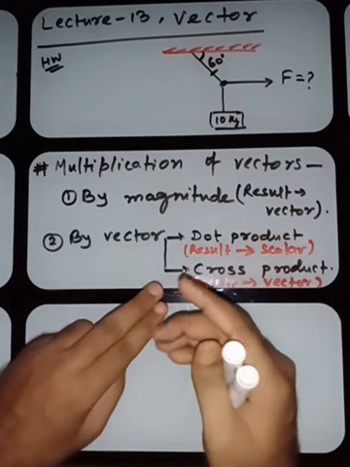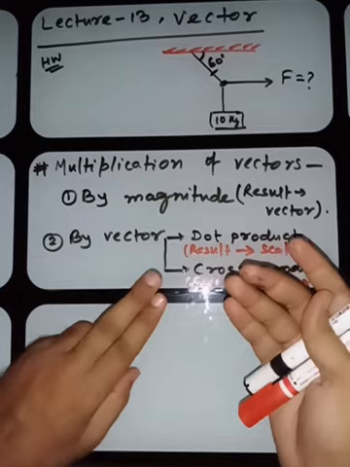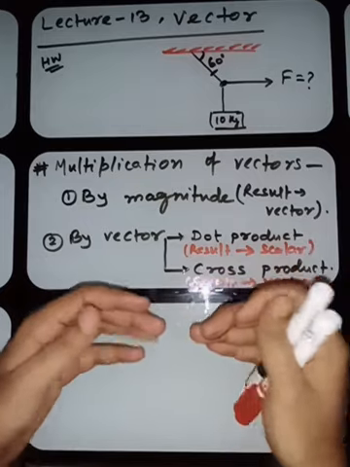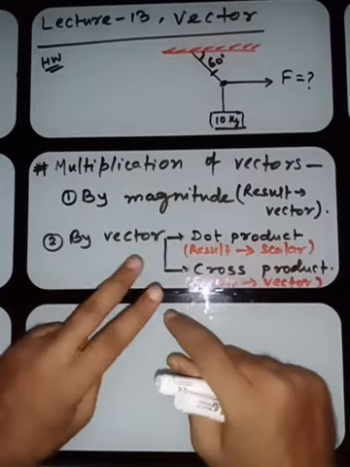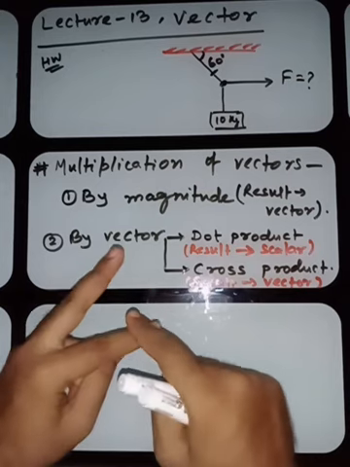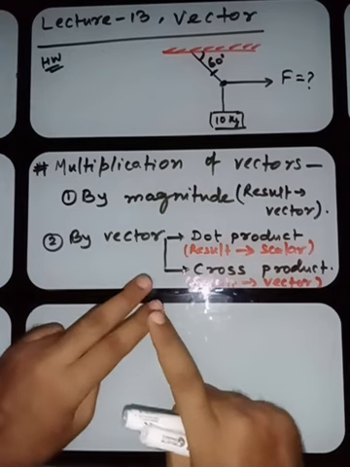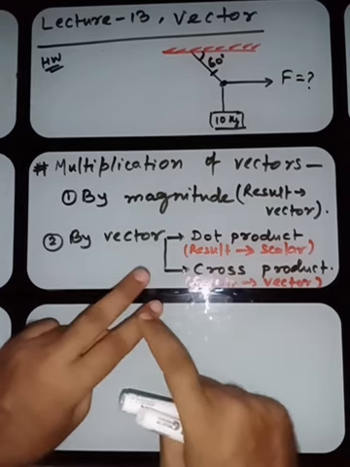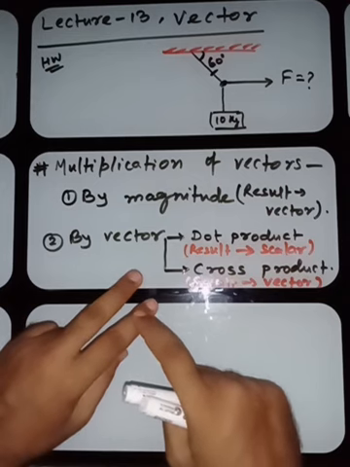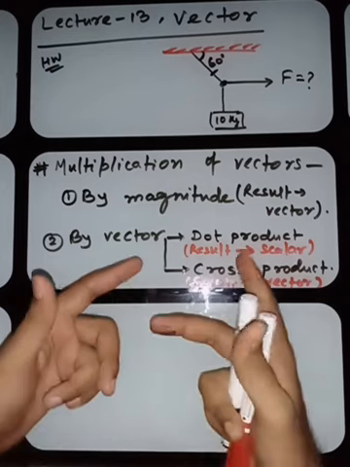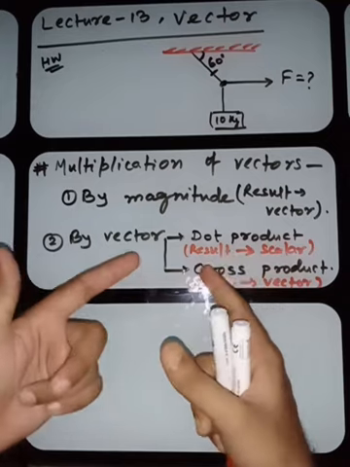Even you eagerly ask your teacher why it is happening, so you will learn it here. Force and displacement are both vector quantities, but what do you get as a result? You get work done, and that work done is a scalar quantity.